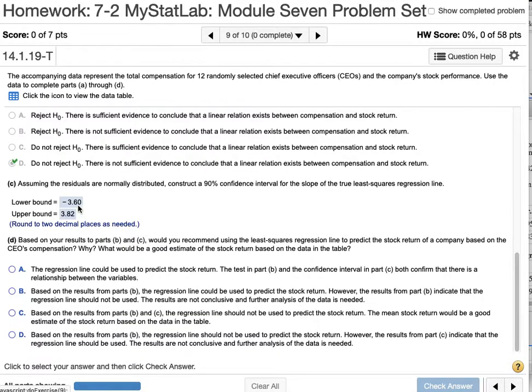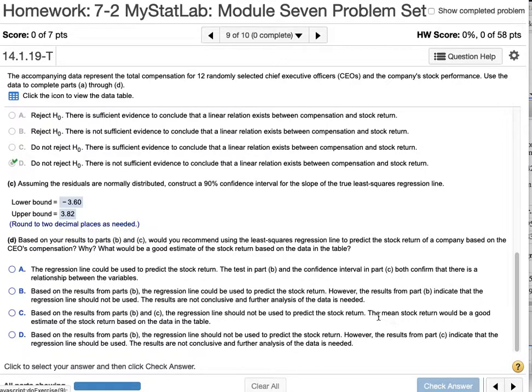Correct. Now, you'll notice what we're looking for in the confidence interval. If 0 is within this lower and upper bound, which it is, then that would mean we would not reject, and not have a linear relationship.